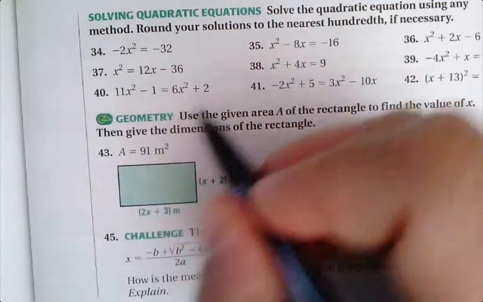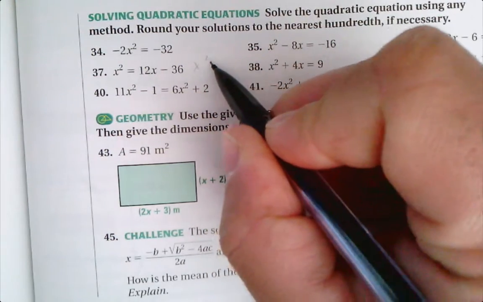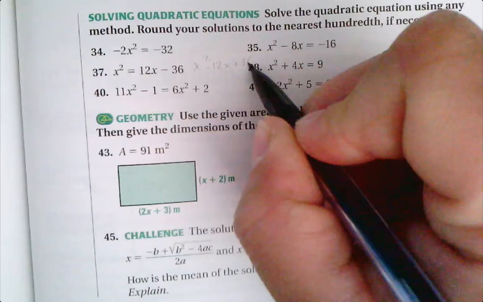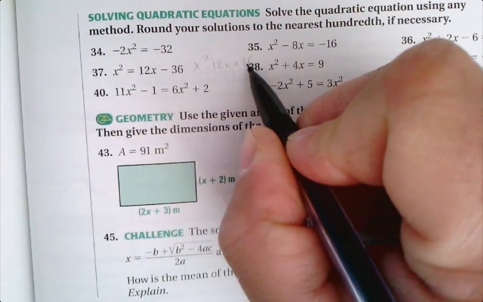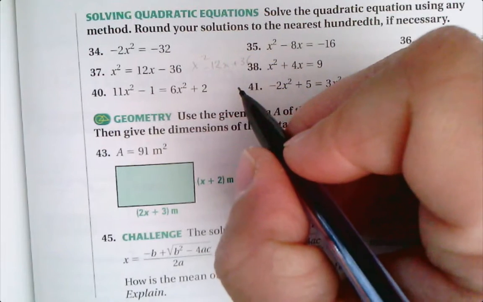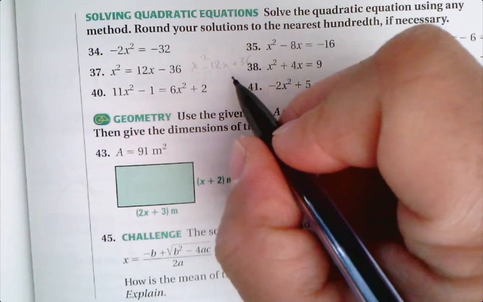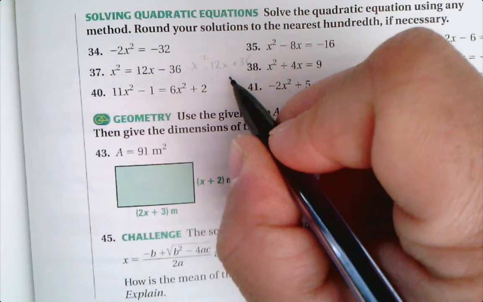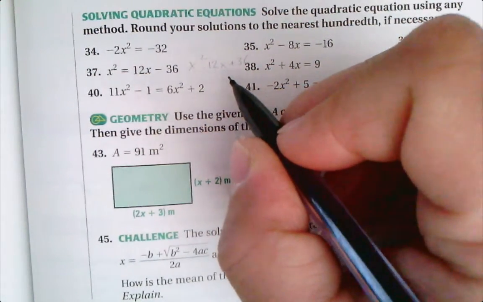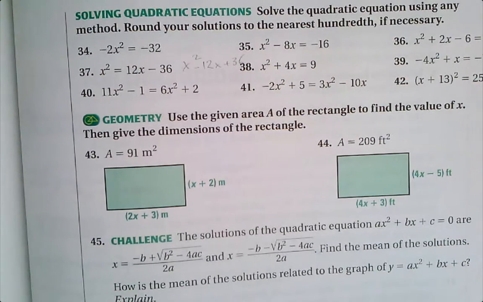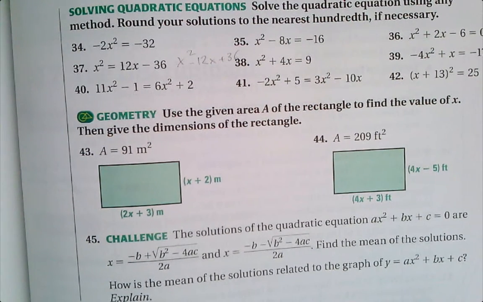If you wrote this as x squared minus 12x plus 36, you need two numbers that multiply to be 36 that add up to negative 12. So you need two negatives, maybe 9 times 4. No, I don't know. Let me try to think if I can find one that could easily be factored, but you get the picture. At some point, you could factor these if you wanted to.